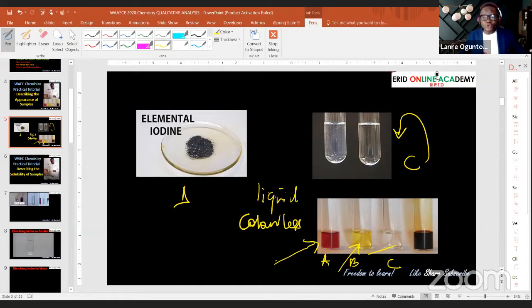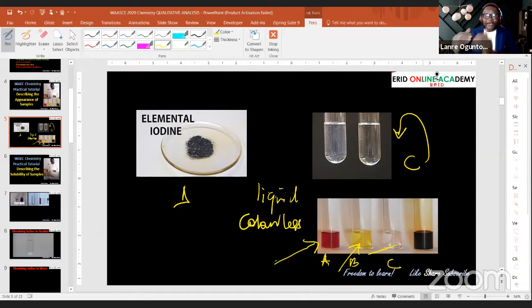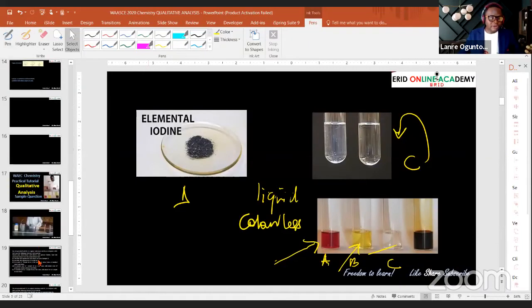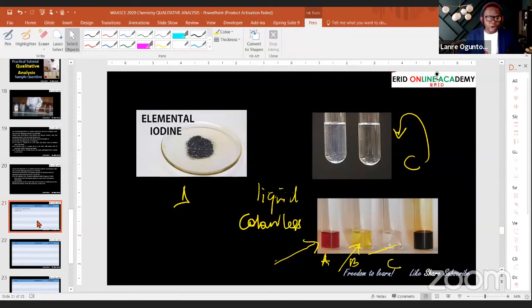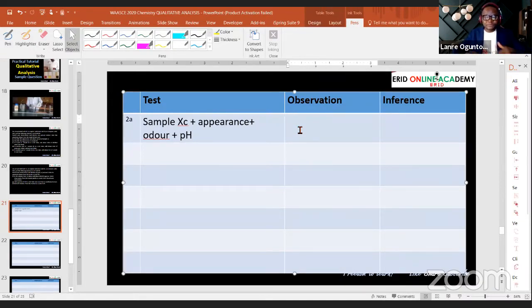So let's go back to the table of results. The moment you get your question, the first thing is draw your table of what? Result. You have your test, you have your observation, and you have your what? Inference. Your inference simply means that you are concluding, so to say. So this is the table of results you are working on. We have seen that sample C is a colorless what?